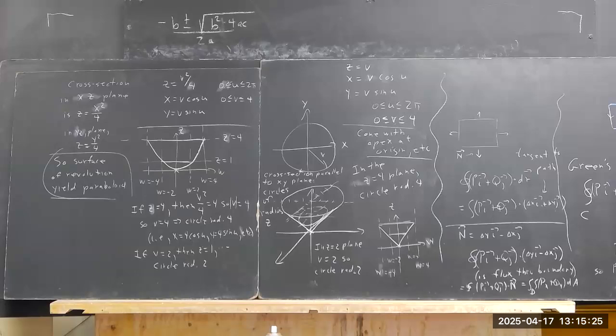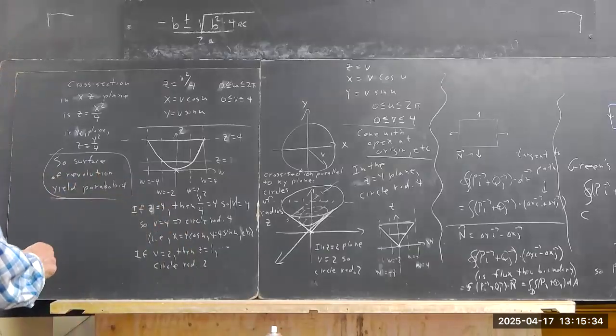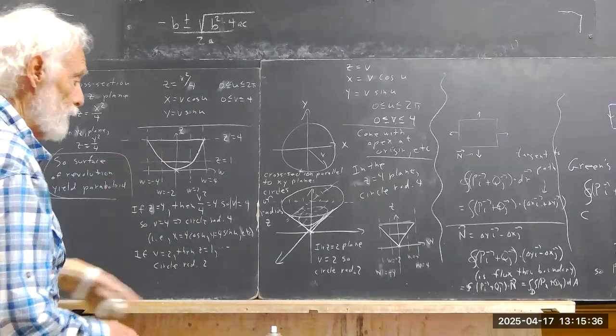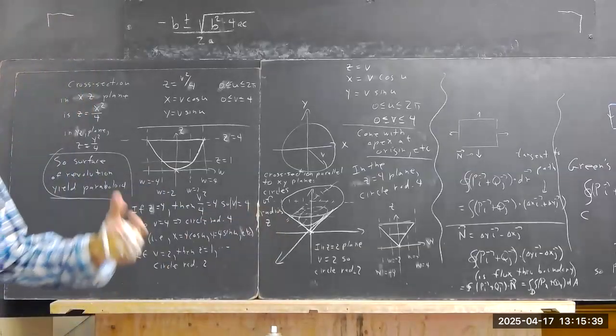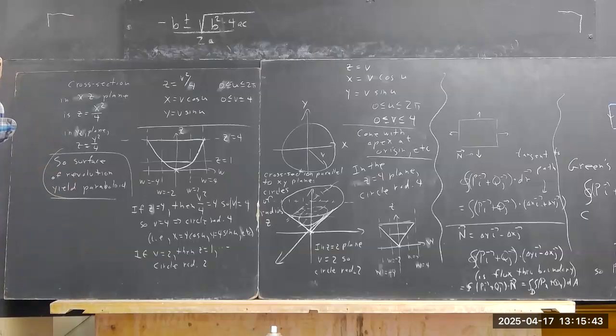Now my next question is, what if you want to find the flux of the vector field through this surface, which through this parabola, or through this section of a cone, frustum? Okay.